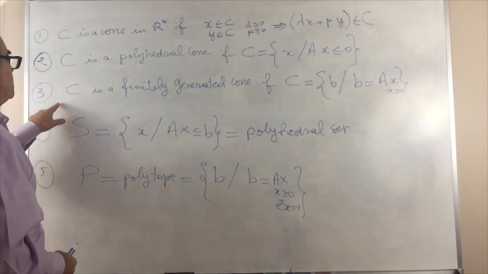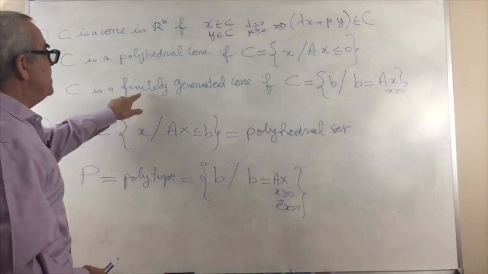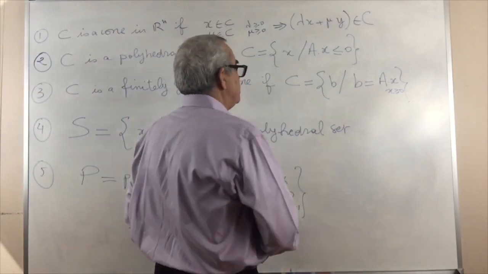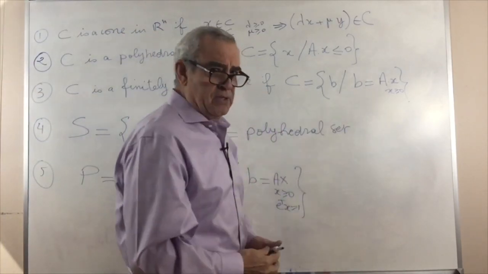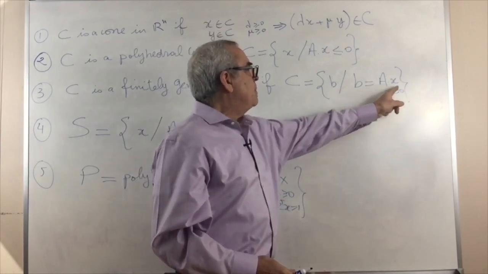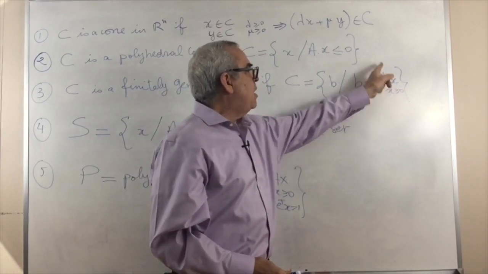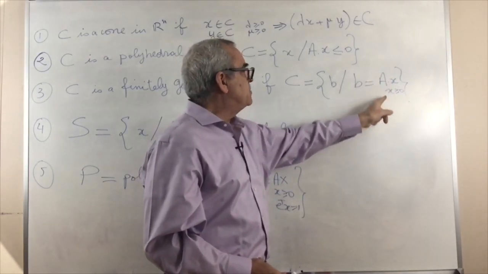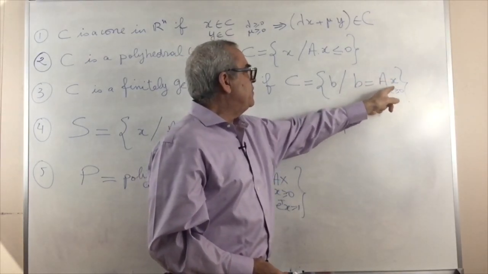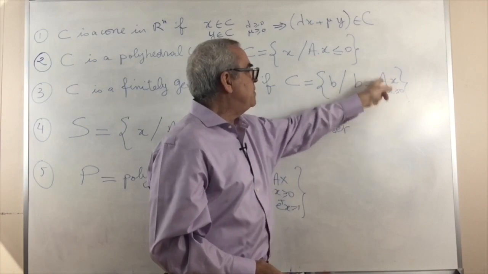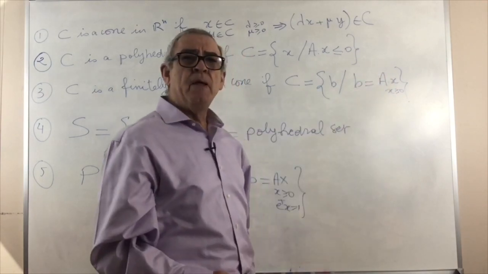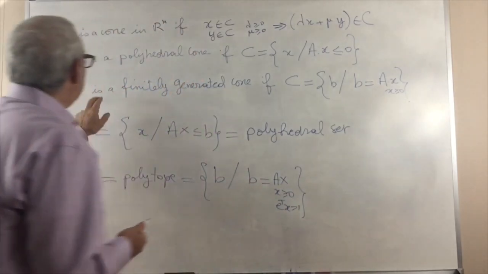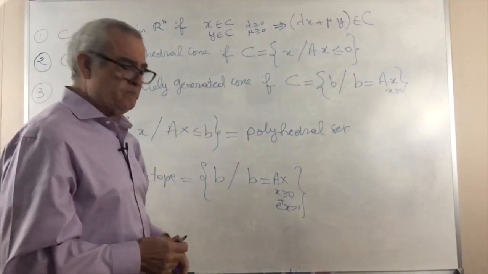And then the third definition: C is a finitely generated cone if C is defined this way, the set of all vectors B such that B is a non-negative linear combination of a finite number of the columns of A. So C is defined by a finite number of vectors.